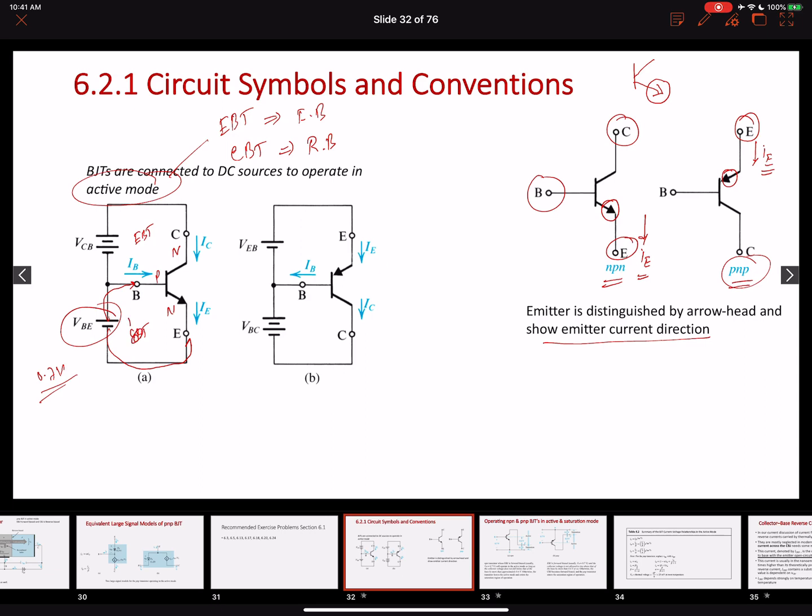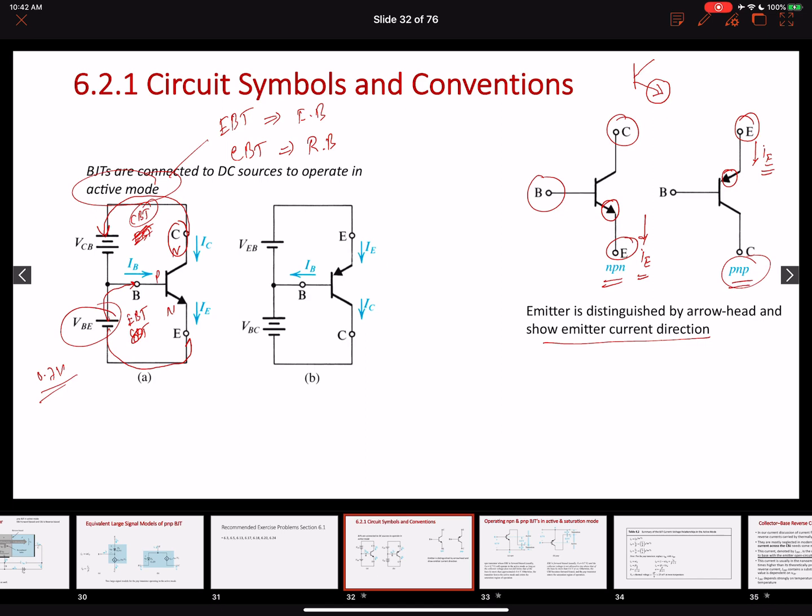So this was the emitter to base junction, and this was the collector to base junction. In order to reverse bias the collector to base junction, our collector needs to be at a higher potential, right? Our collector is N-type, and we are connecting it to the positive terminal of a battery, so it becomes reverse biased. We also saw earlier that since the collector to base junction area is much larger than the emitter to base junction area, the biasing potential required to forward bias it will be less.